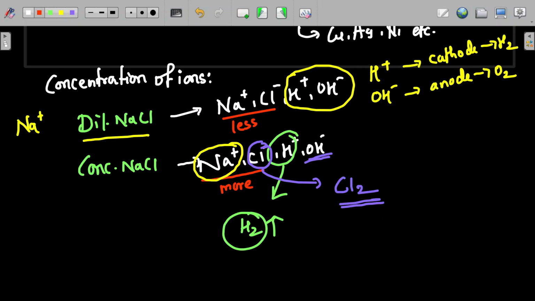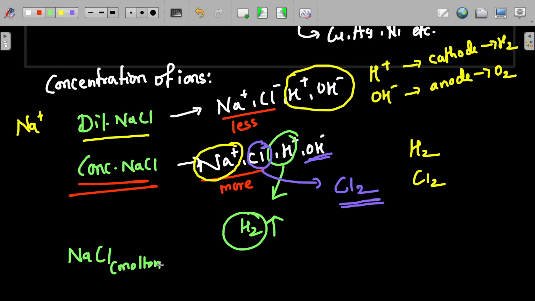So when you do electrolysis of concentrated NaCl, the products we get are hydrogen at the cathode and chlorine at the anode. You will never get sodium if you take aqueous solution. If you want to get sodium metal, you always have to take sodium chloride or a sodium compound in the molten state only. If there is water in it, it will never get discharged.